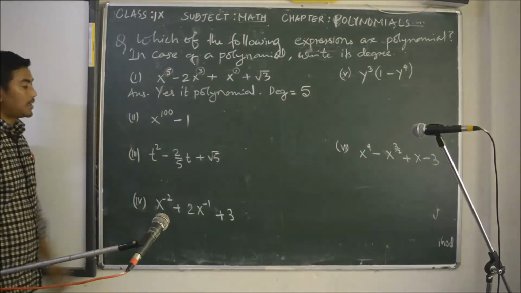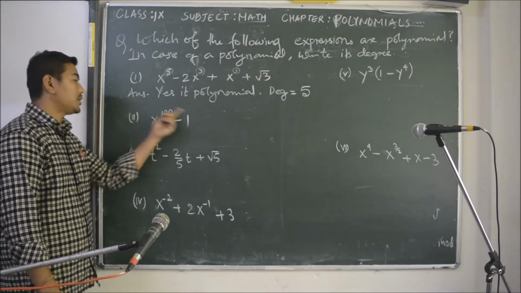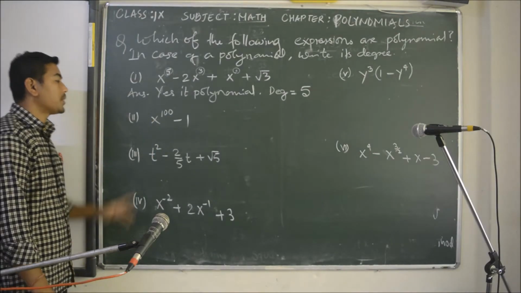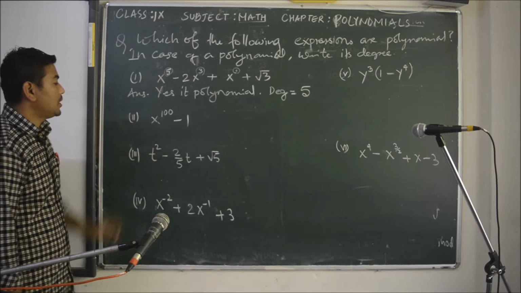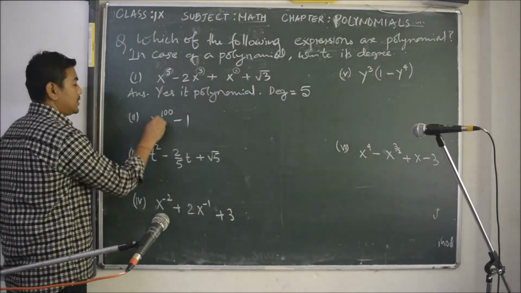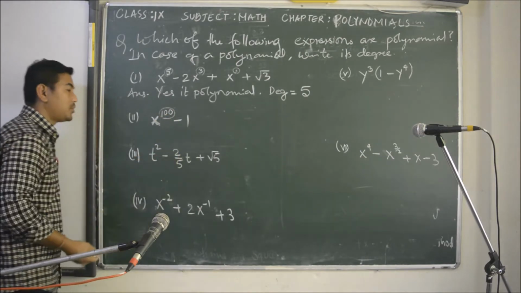Okay, let's come to the second question here. Again, you have to check whether this is a polynomial or not. Here we have x to the power 100 minus 1. Here x is a variable, so just look at the power here, 100. 100 is again a positive integer.